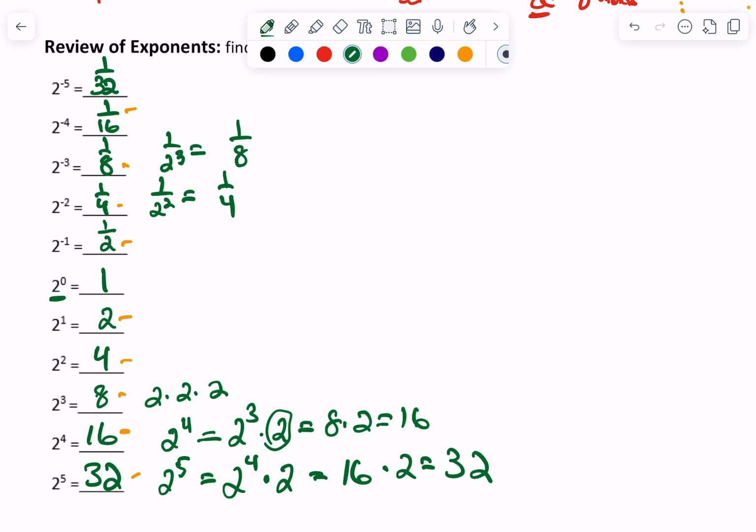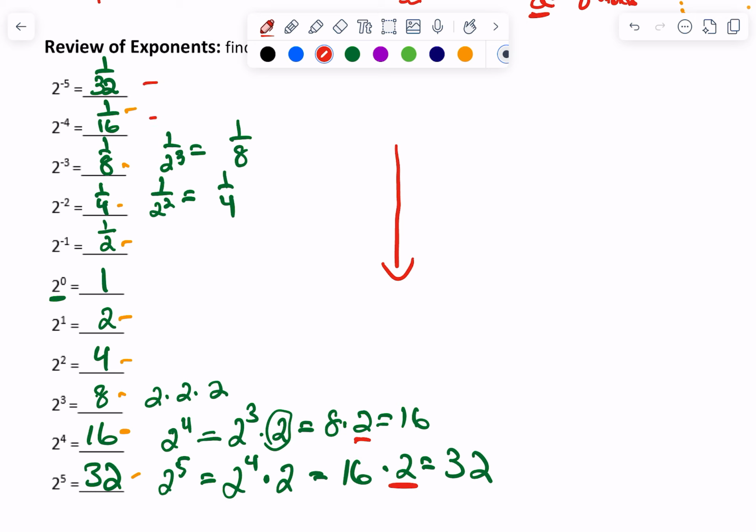Okay, so the key thing here is what we are actually doing, moving up and down. When we are going down, what we did here is we multiplied by 2. That's what we do up here as well.